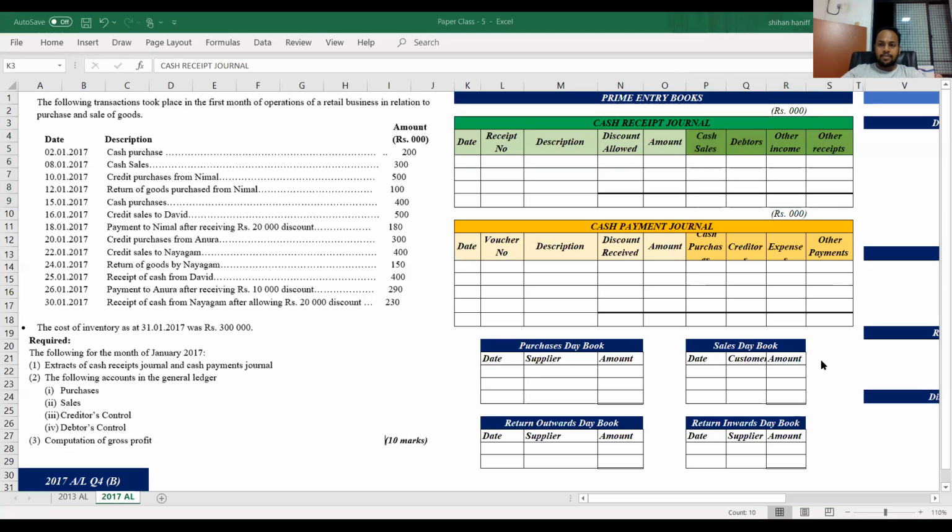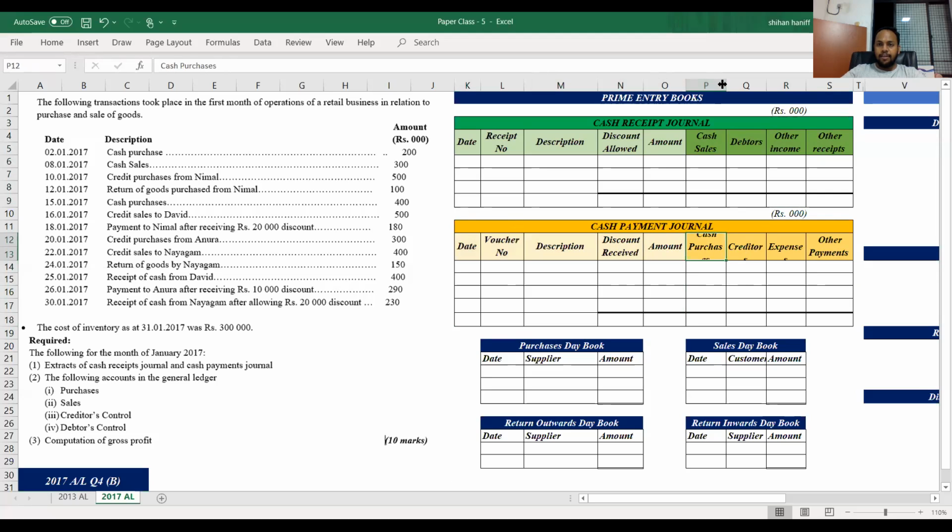You can draw the cash receipt journal. And cash payment journal: date, voucher, description, discount received and the amount. Okay.